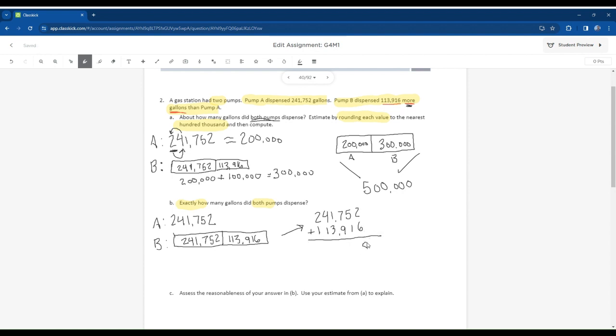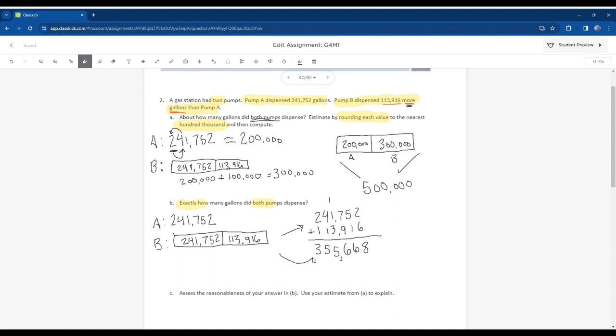2 plus 6 is 8. 5 plus 1 is 6. 9 plus 7 is 16. 1 plus 1 is 2, plus 3 is 5. 4 plus 1 is 5. And 2 plus 1 is 3. To make 355,668.